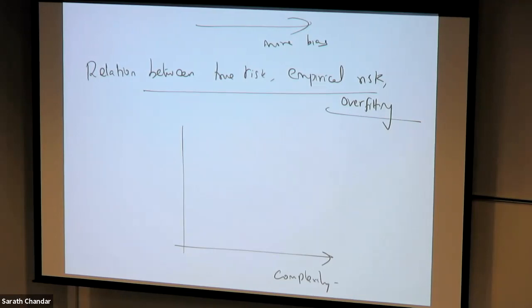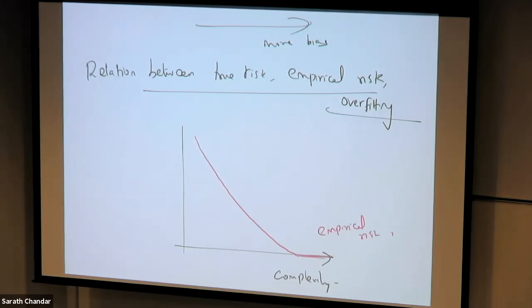We know that as the complexity of the model increases, the empirical risk is going to always reduce, because as the model becomes bigger and more complex, you can fit the data set easily, right? So basically your empirical risk will reduce, and at some point it's going to become 0. Okay, so this is my empirical risk.